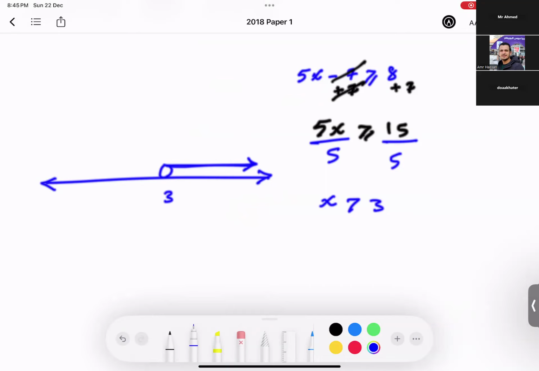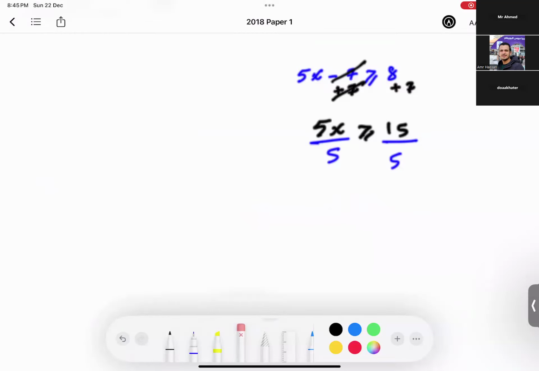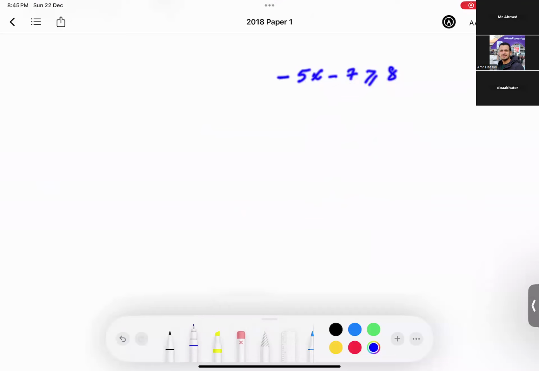Okay. But what if you have this one? This one's going to be a little bit different. If you have -5x, in this case, you have to do all the steps. I need to add 7 to both sides. So it's going to be -5x greater than or equal to 15, right?